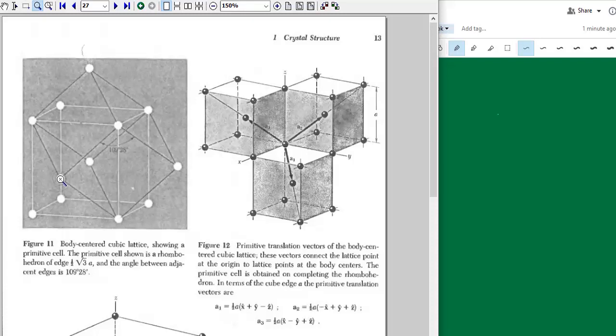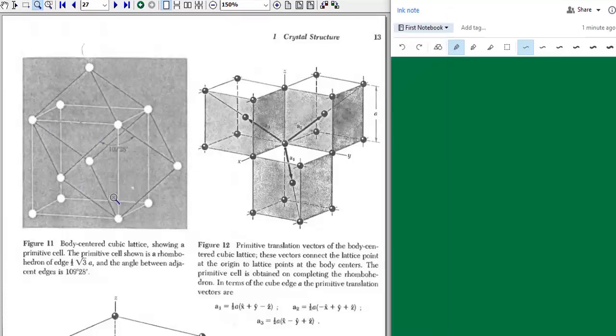This point is the lattice point in the body center of the next cell, and this is the body-centered lattice point at the right of the unit cell, and this is the lattice point at the top of the unit cell, and the remaining are the corners.